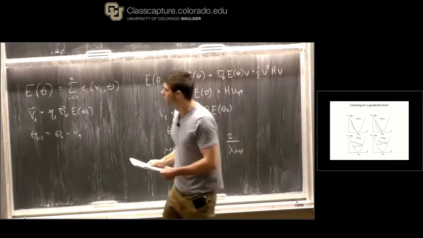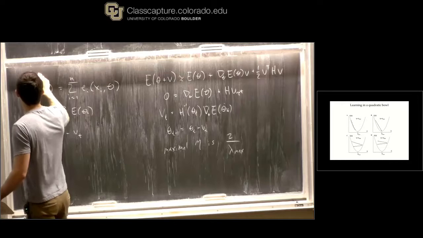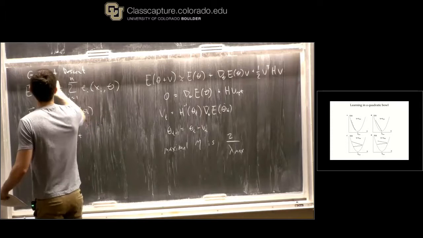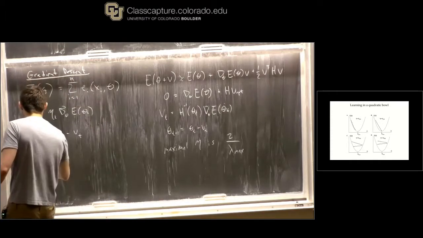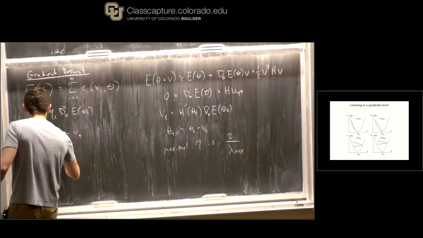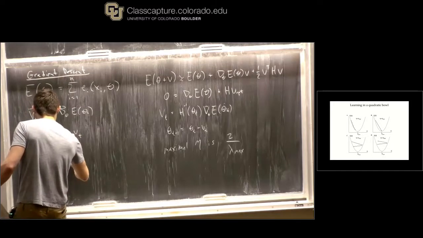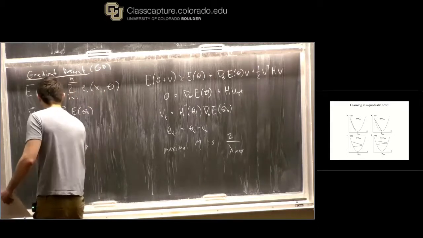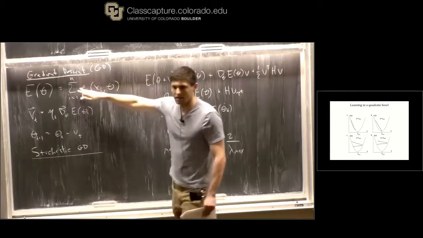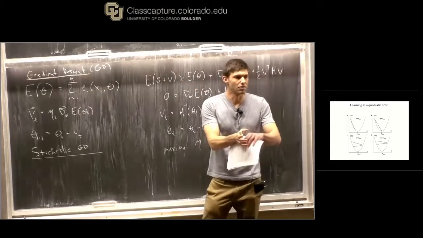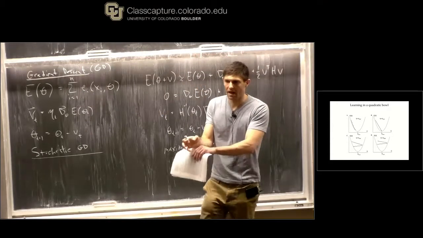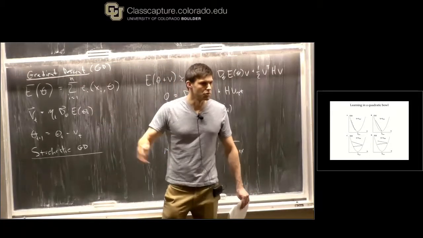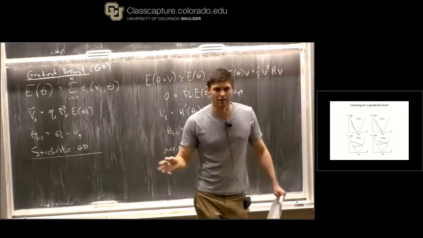So this is gradient descent. And for stochastic gradient descent, what you do is you break up your data into a bunch of random little mini batches of data, and you just compute the gradient on one random mini batch, and then you pretend like that's a good estimate of the gradient and continue.